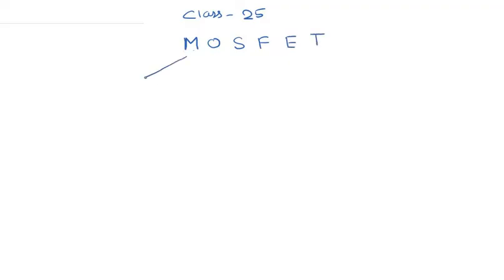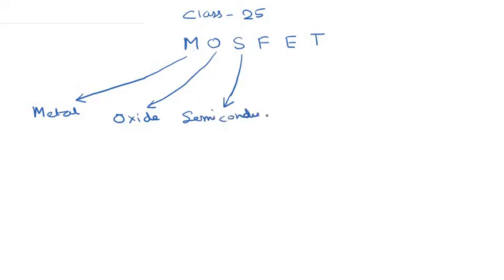Here this M basically stands for metal, O stands for oxide, S stands for semiconductor, F stands for field, E stands for effect, and this T basically stands for transistor.